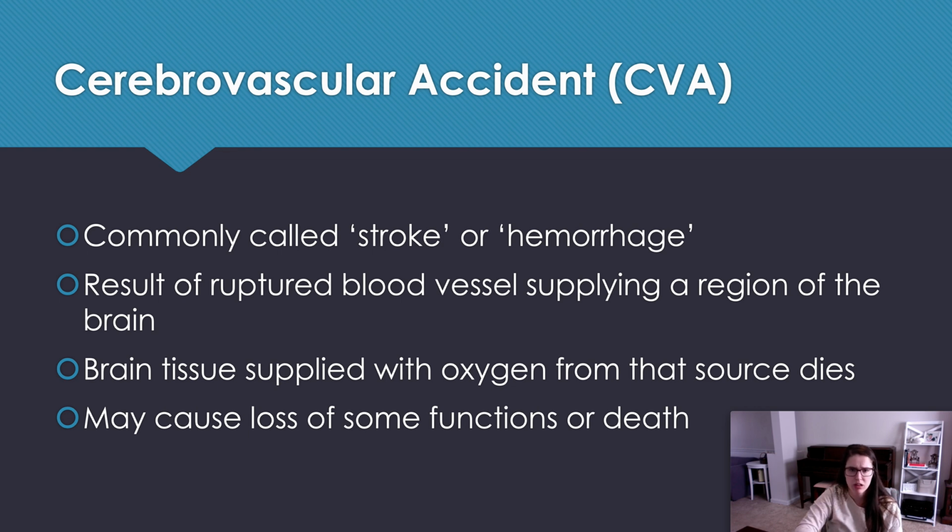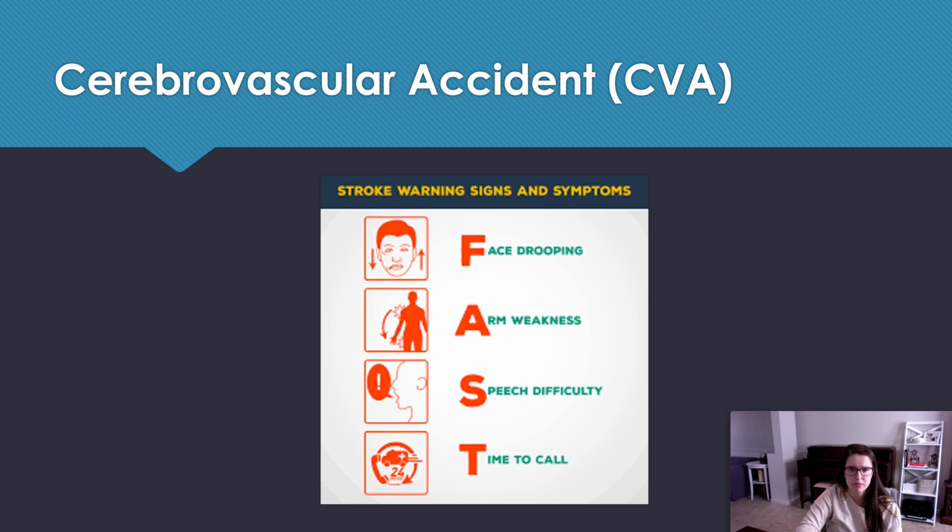Now, last little bit here, I've given you the warning signs and symptoms of stroke. Of course, this is not always how it goes, but typically there will be drooping of the face, and if the hemorrhage is on one side of the brain, it's likely to affect the opposite motor side. Arm weakness is a symptom. The individual might be able to raise one arm but not the other.